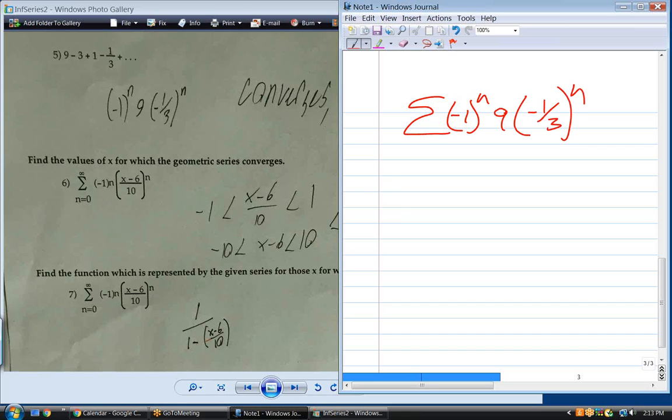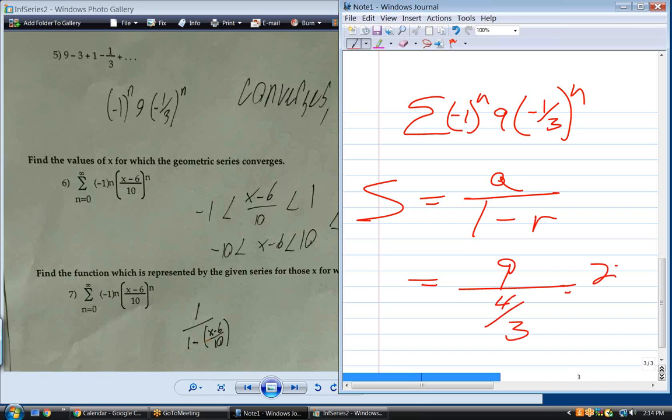Okay? So remember what our sum is. Our sum is A over 1 minus R. Well, what would that give us? So 9 over 4/3, or 27 over 4. There's your sum.